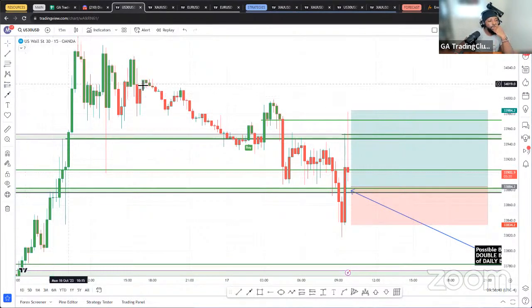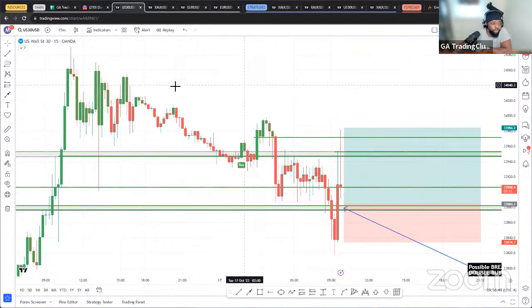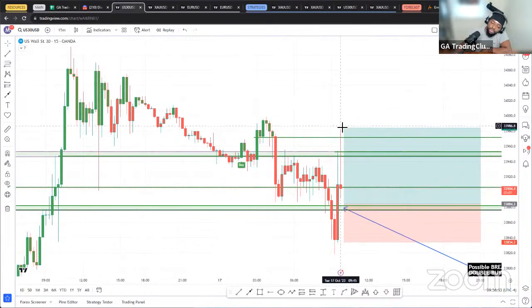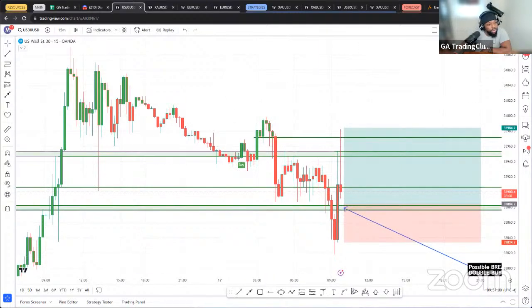I'm trying to think this through. So red flags for this trade: price is in a downtrend. We have a 4-hour bearish OB. See, we have 3 minutes. Let's see what price will do in 3 minutes.